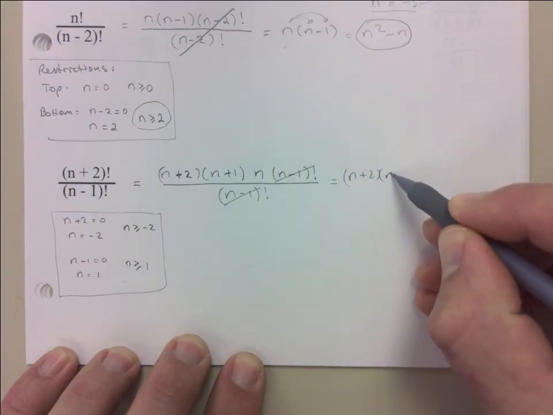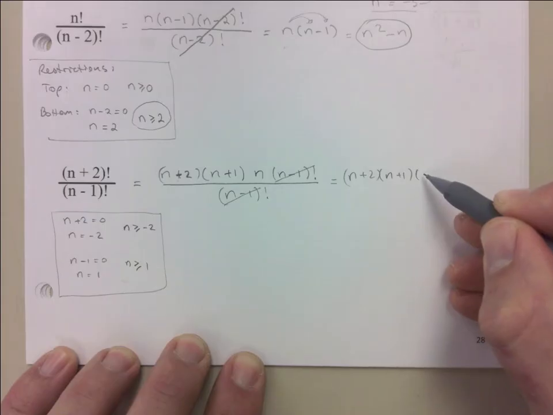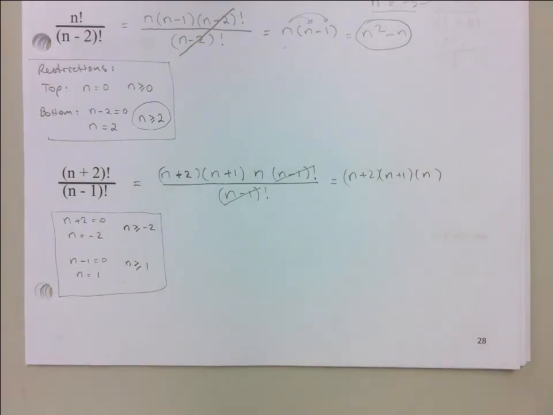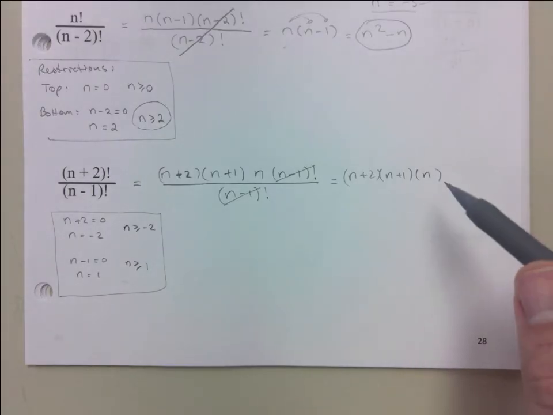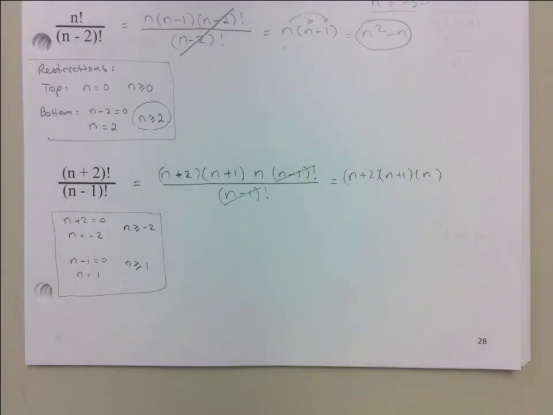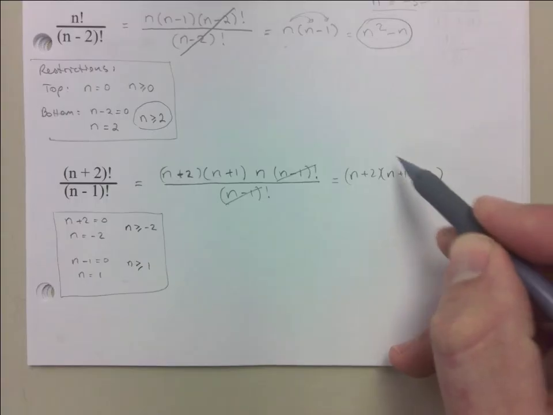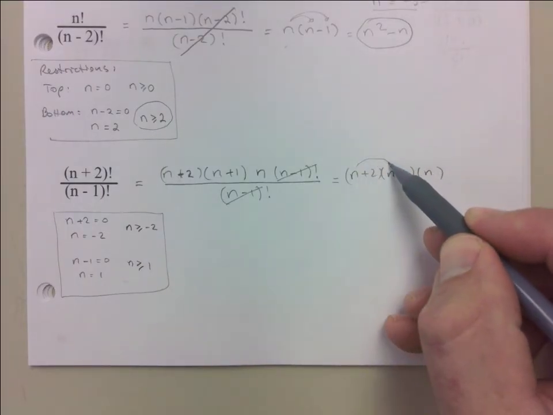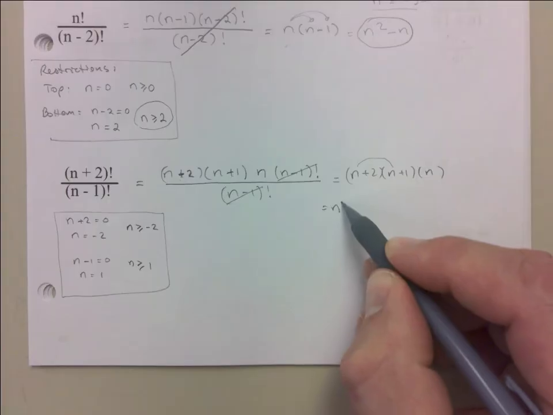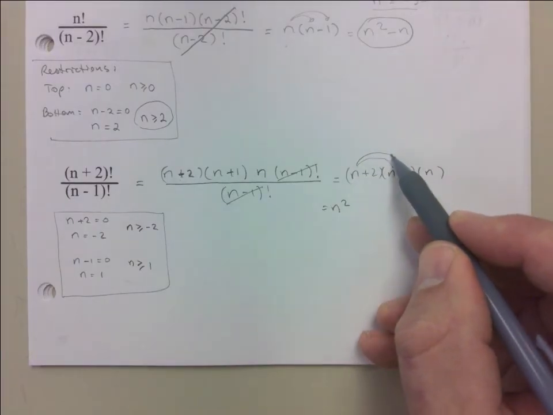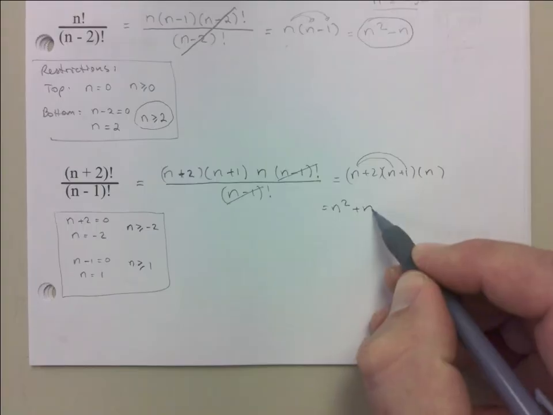This takes you back to the intro course, maybe. But don't fear anything. What I would do is pick two brackets at a time. So for example, if I pick these two, I'm going to go n times n is n squared. N times 1 is just n.